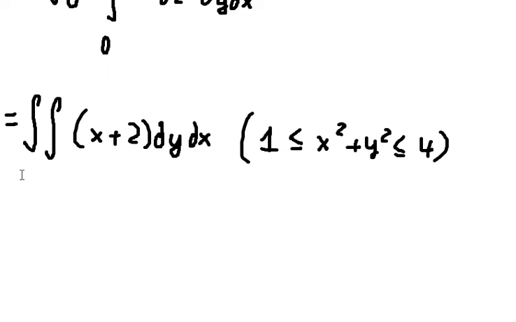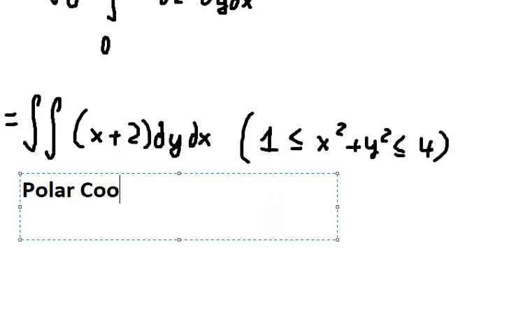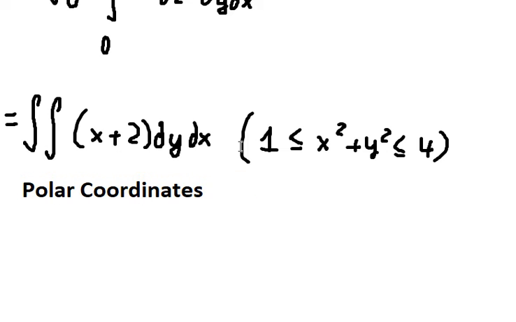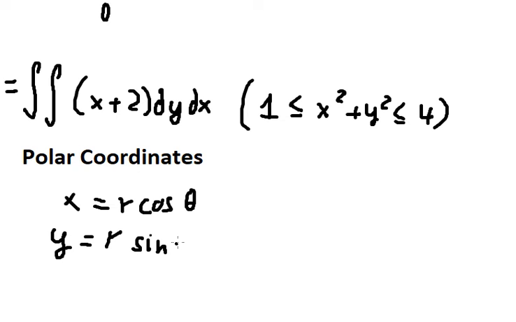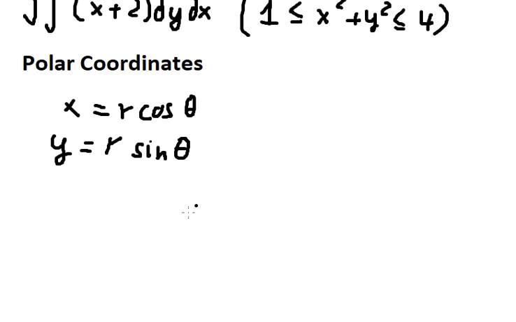So we can use polar coordinates. I will put x equals r cosine theta, y equals r sine theta. So we have x squared plus y squared. I will put this one go in here, this one go in here. So we have like this.